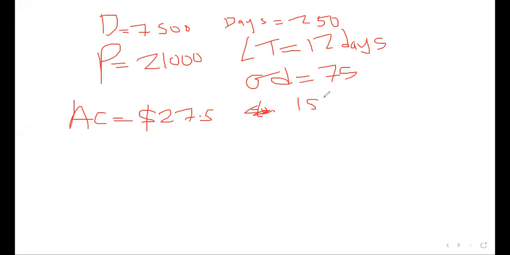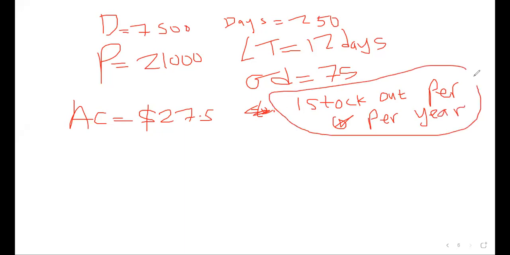One stock out per year means that per year, they may not produce one out of however many production runs they are doing.